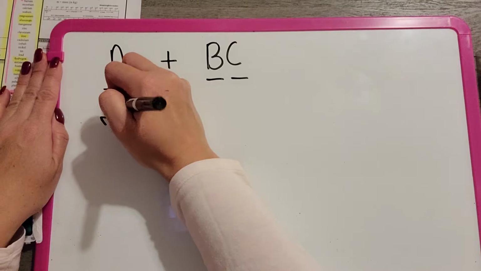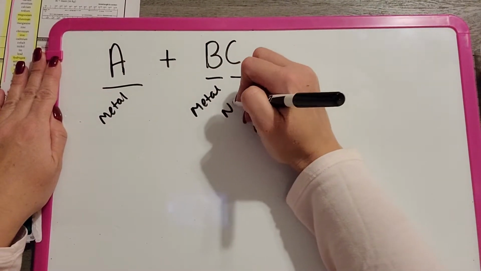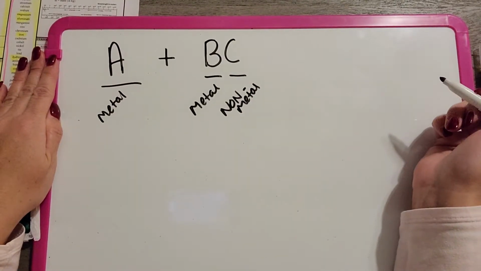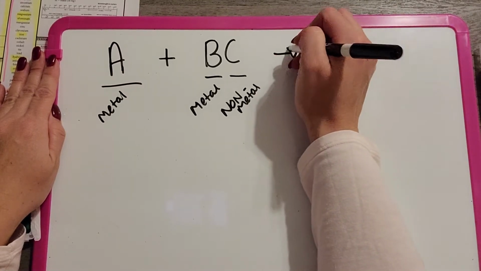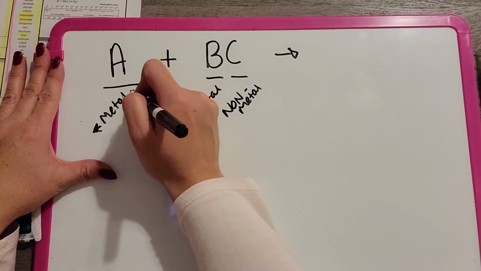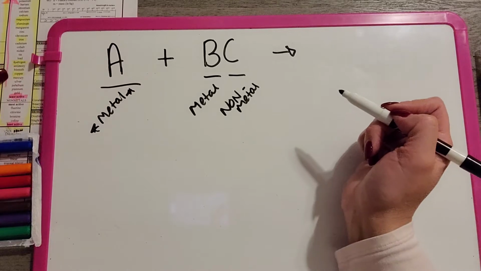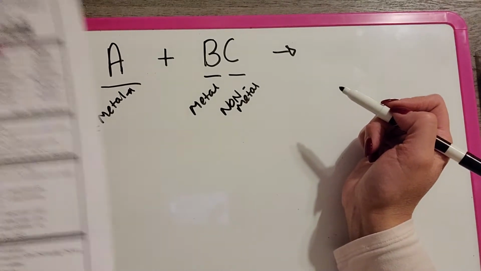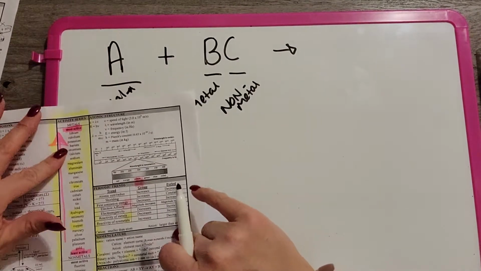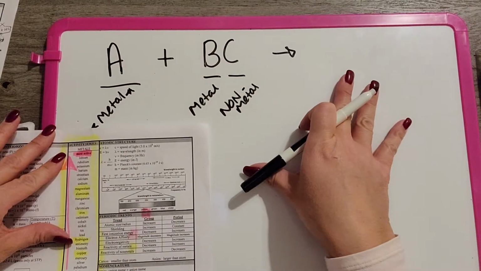So we're going to have metal A, metal B, and then non-metal C. So what happens in a single replacement reaction is that metal A by itself, the one that's just by itself, must be higher up on the reactivity list than metal B. So if metal A is more reactive than metal B, then this reaction will happen.